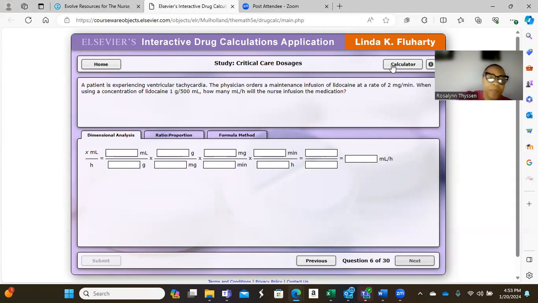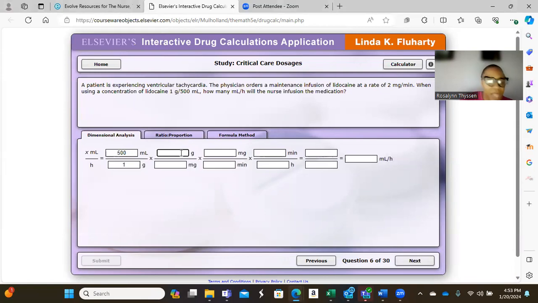Mils per hour. Because I'm looking for mils first, that's what I start off with. What do I know about mils? According to the information I have, I got 500 mils in 1 gram. Grams at the bottom, so I know it has to go at the top. I don't have anything else with gram. I got a milligram, so that means I need to use a conversion.